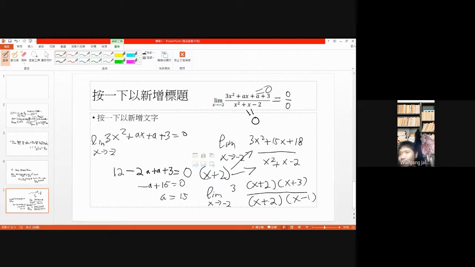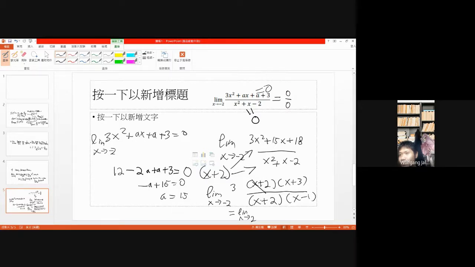So we can simplify x plus 3 over x minus 1.